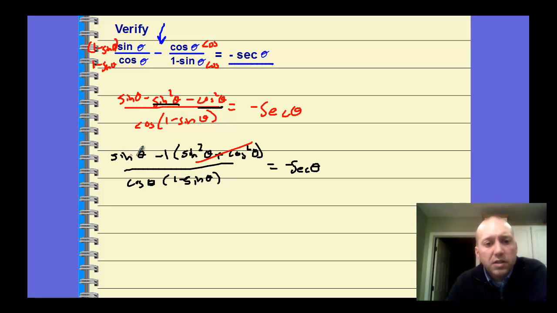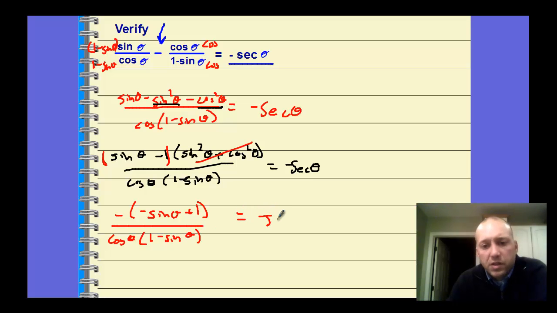Now I'm almost seeing sine theta minus 1 and then a 1 minus sine theta. So those are almost the same thing, but they're opposites. So I'm going to factor a negative 1 out of that numerator. So I'm going to have a negative times negative sine theta plus 1. So it just changes the sign of that quantity, over cosine theta times 1 minus sine theta.